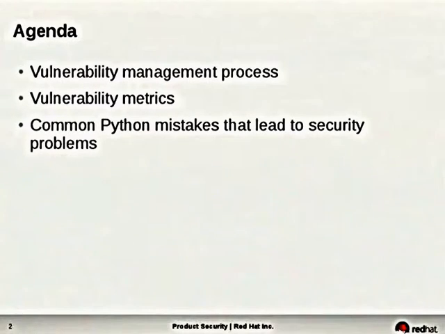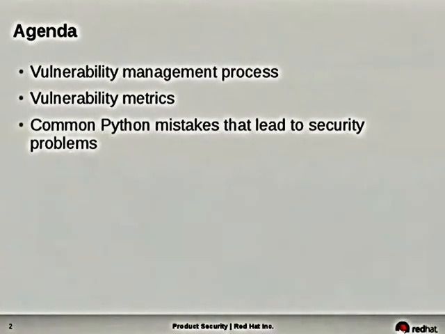I'm going to pull together some metrics that contain information about the types of vulnerabilities that we've seen historically in OpenStack and break that down a little bit. And since it's PyCon, I'm going to pull out a few mistakes that people commonly make in Python and try and hammer home the point that we really should stop seeing this kind of stuff coming across our desk.